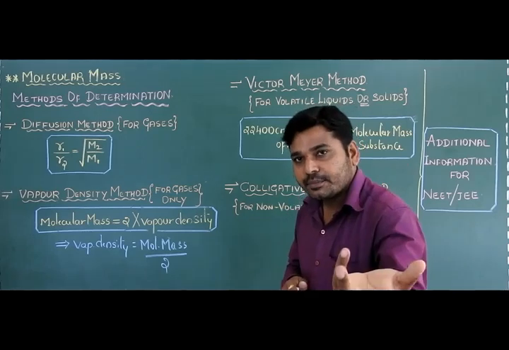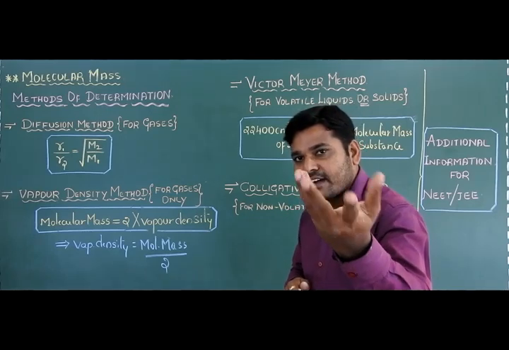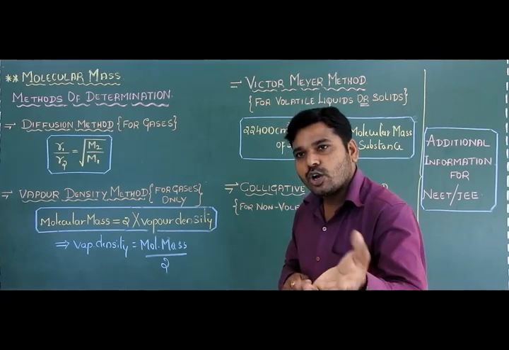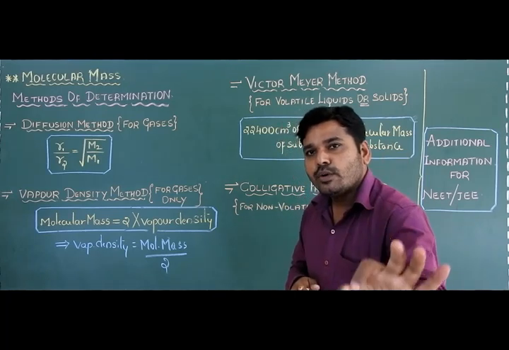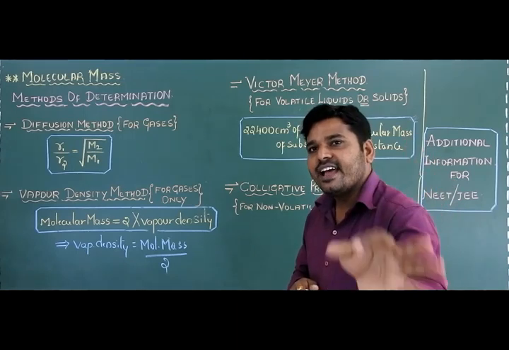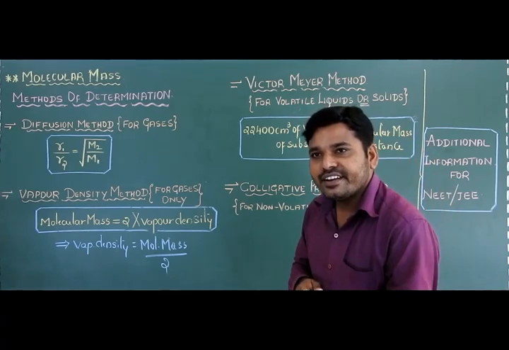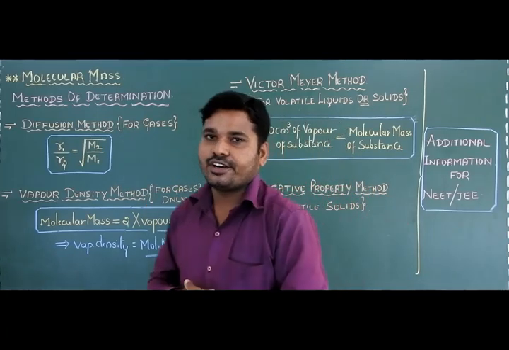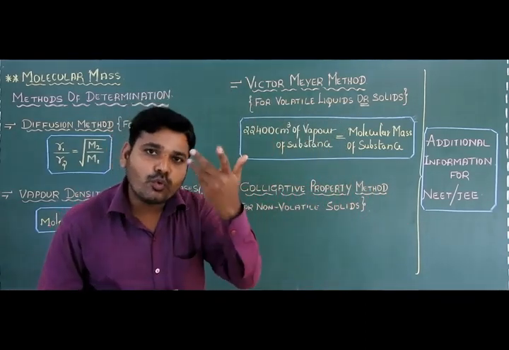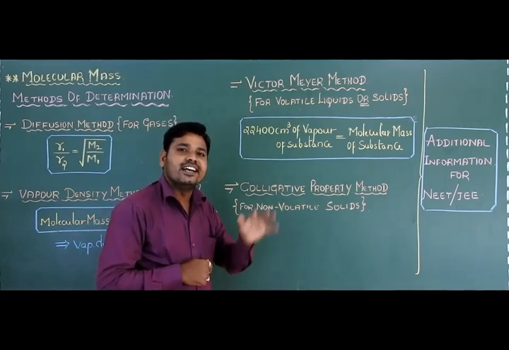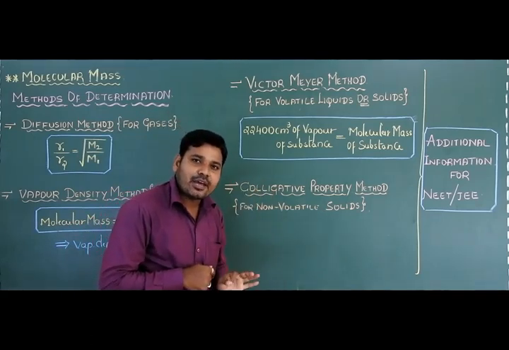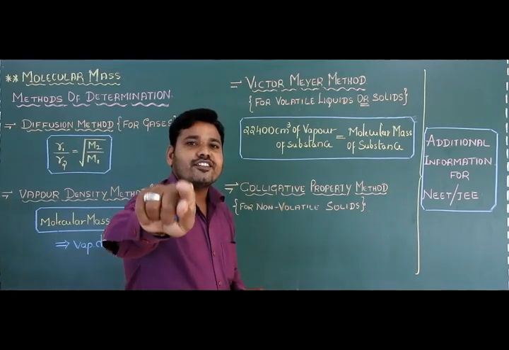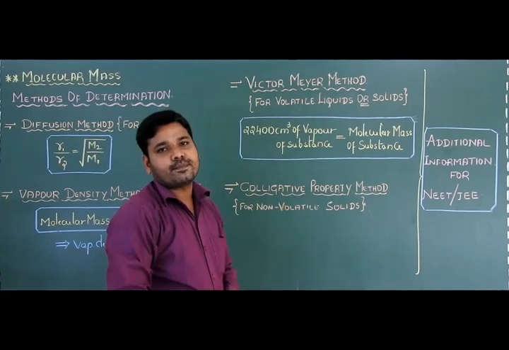In the laws of chemical combination, the fifth law is Avogadro's law. According to this Avogadro's law, equal volumes of different gases measured under similar conditions of temperature and pressure contain the same number of particles, students.